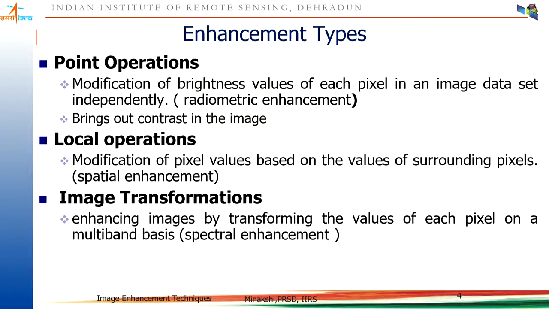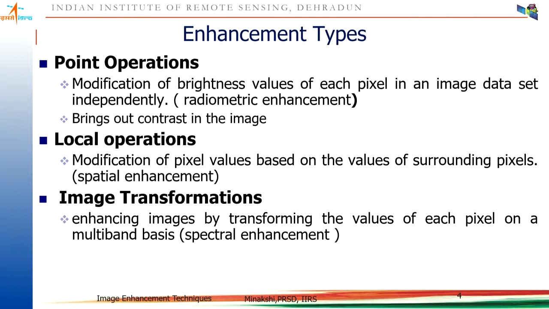Now, our image is made up of digital numbers, and enhancement means you are simply modifying those numbers. You are changing the digital value, you are changing the radiometry. So point operation is when you change the pixel value, the DN value, of a particular pixel independently, using any mathematical, statistical, or trigonometrical criteria. You are changing a point.